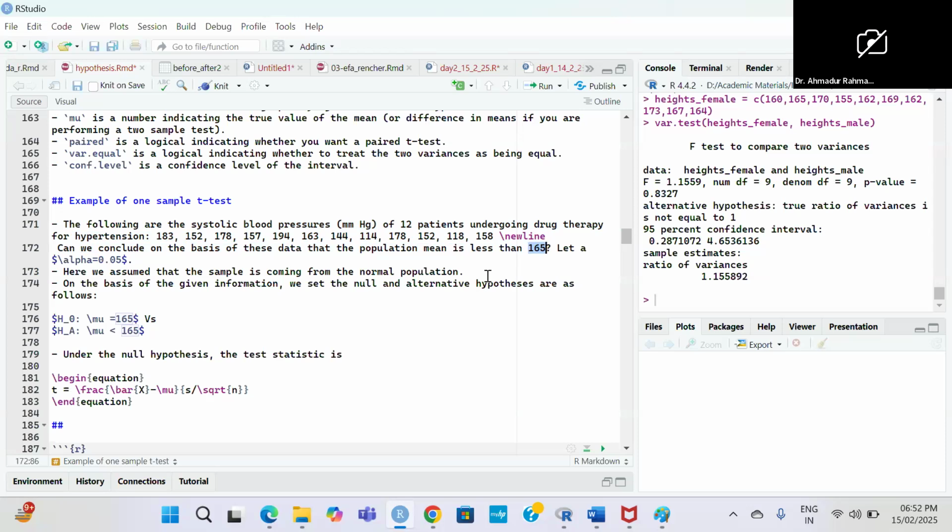Now we have to check whether the population from which this data set is taken has an average blood pressure of 165 or more. So see the wording, can we conclude on the basis of these data that the population mean is less than. So our alternative, HA, will be that mu is less than 165.